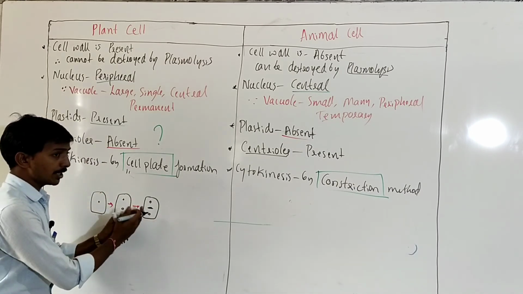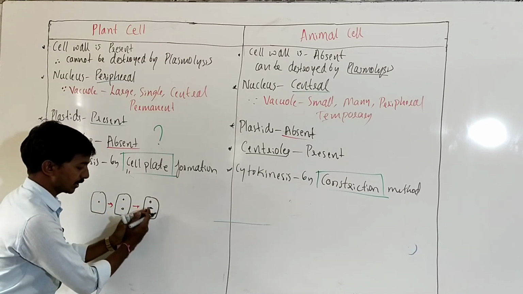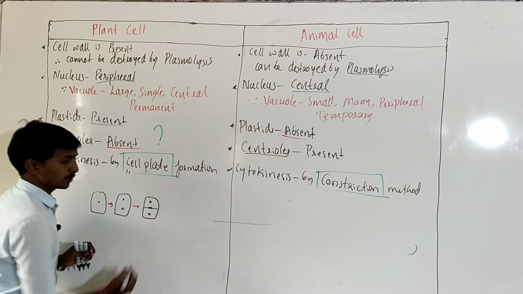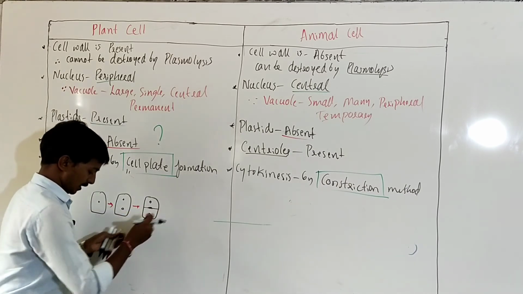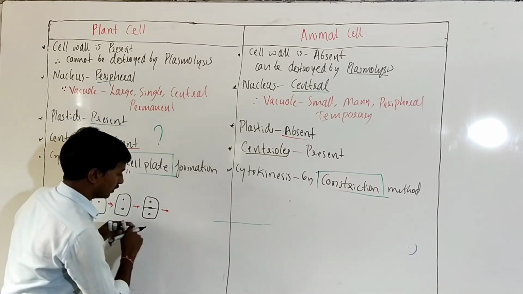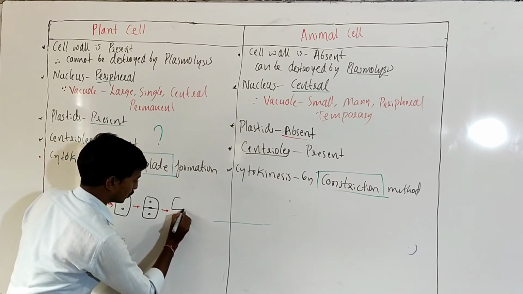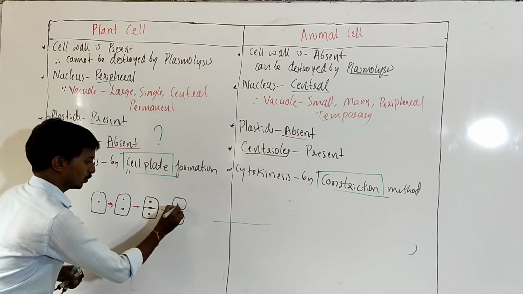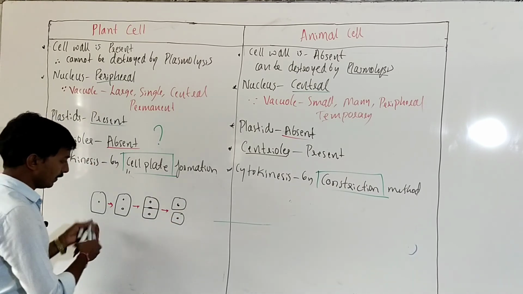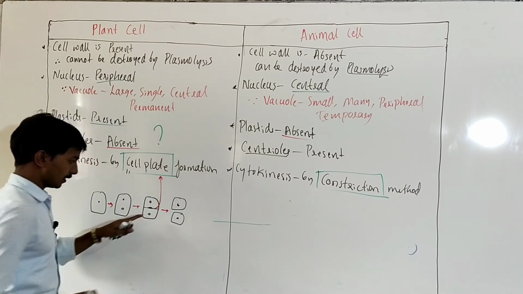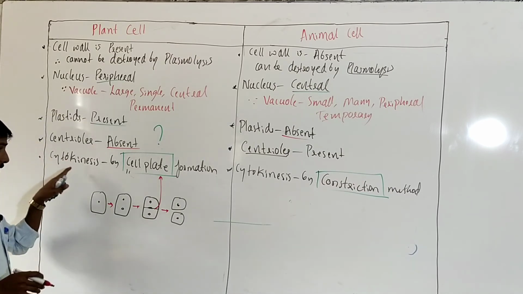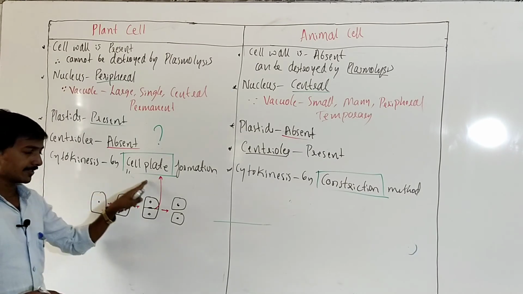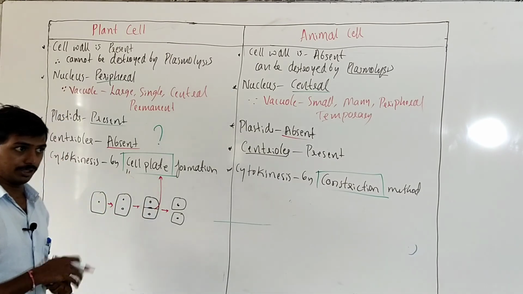Then the cell plate moves from the center towards the periphery. As a result, the cell divides into two. This is the cell plate. So cytokinesis in plant cells takes place by cell plate formation.